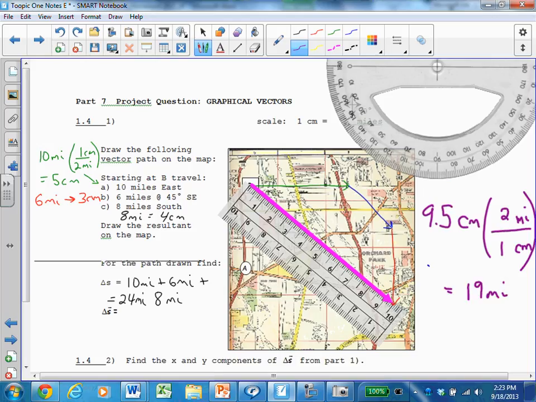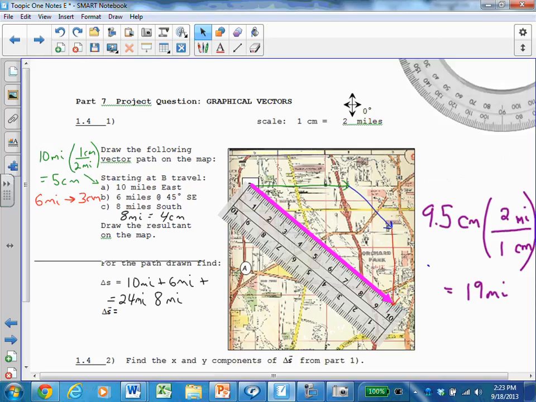I want to point out to you the difference in the scales. East doesn't have a 0 degrees. When you have the 0 degrees, the positive x-axis is 0. Then this is 0 degrees right here. This is 90 degrees. This is 180.